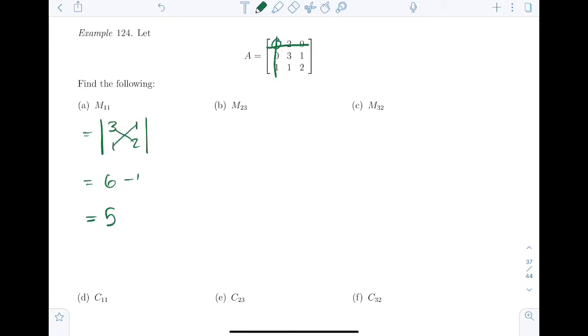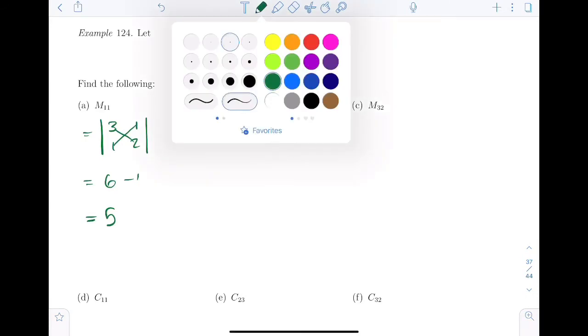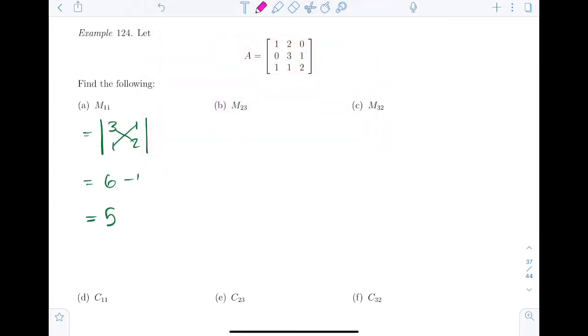All right, what about M23? Let's change colors. M23, so I want the second row, third column. So here is the 2,3 spot. We're going to ditch that row and column. And so it's going to be 1, 2, 1, 1, which is 1 minus 2, which is negative 1.